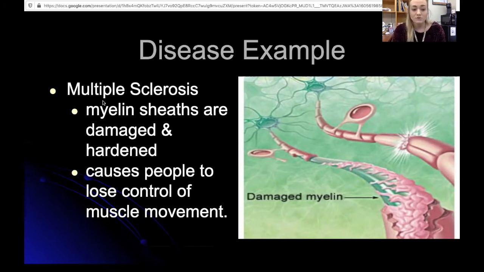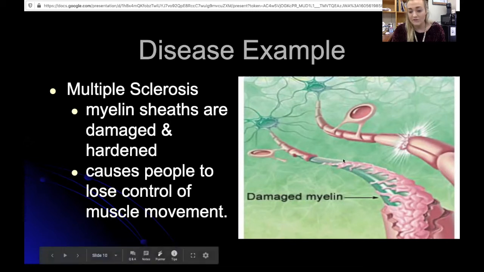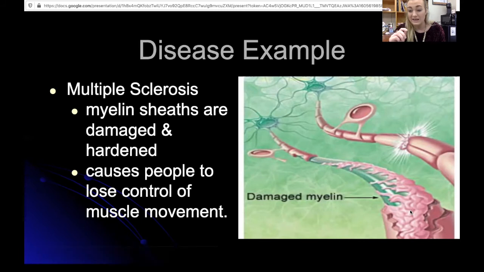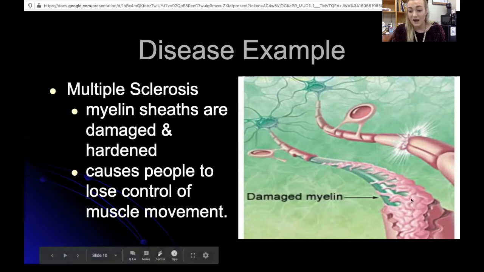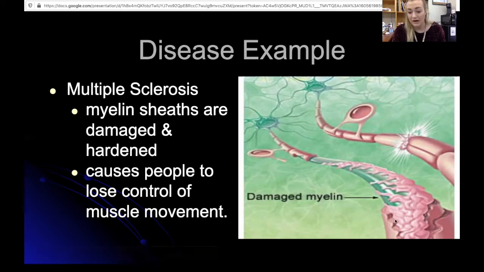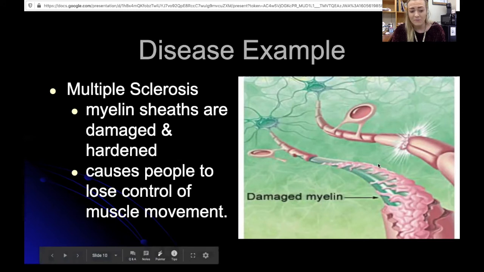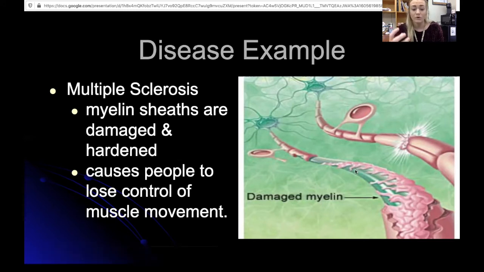Multiple sclerosis is basically when these myelin sheaths, our little insulated pads here, become very damaged. We can see in this picture it has turned into a brainy-like structure. It is not compact like we saw in the one up here, but it becomes very damaged and even hardened. And this can actually cause people to lose control of muscle movement.